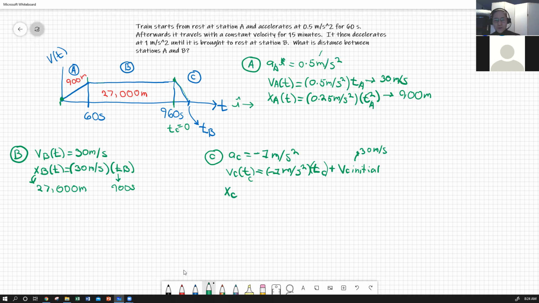So the position within region C at any elapsed time will be negative 0.5 meters per second squared. I'll just put in our number, make it easier.